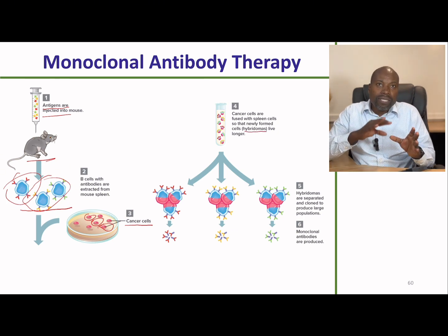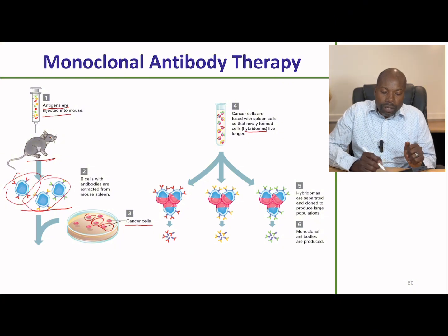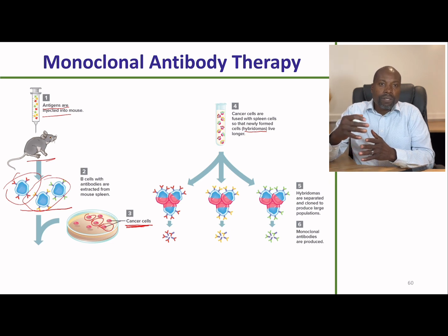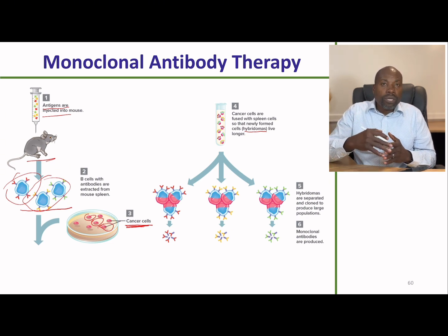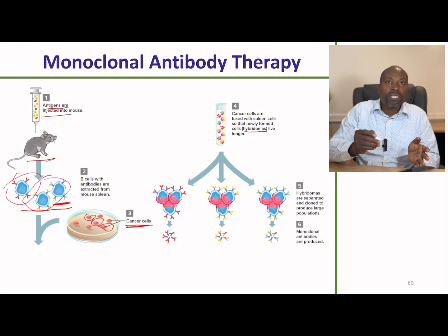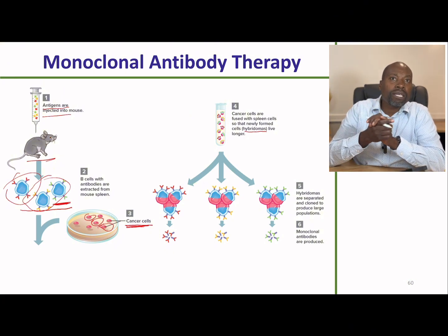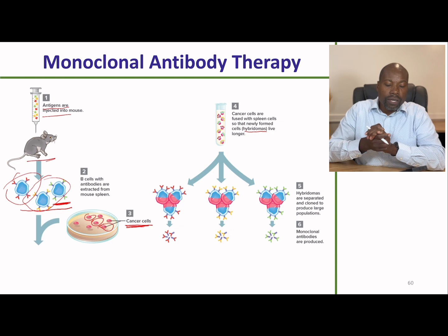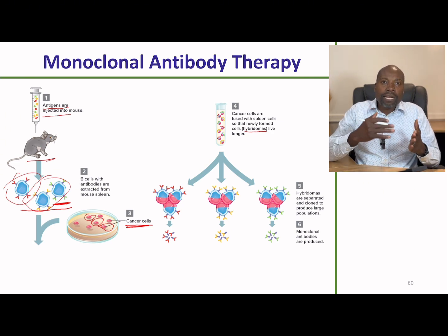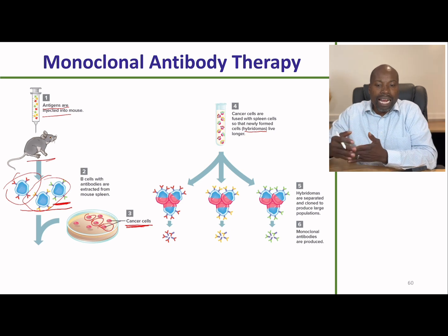These cells, because they are hybrid and because they are hybrid from cancer cells, will be able to multiply to a level that is going to be beyond what these B cells could multiply. Remember that because of the telomeres, our cells, when we culture them, can only multiply so many times.